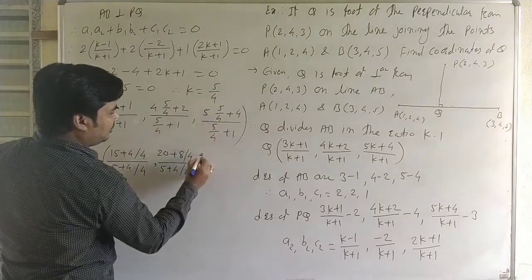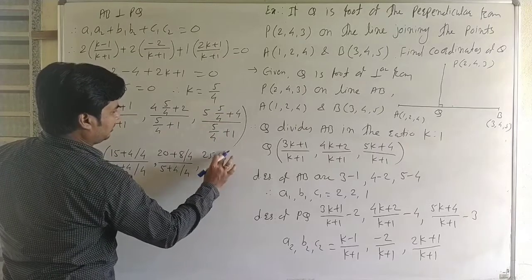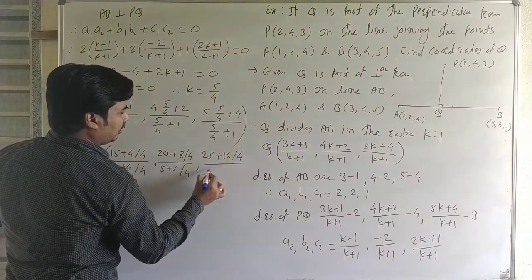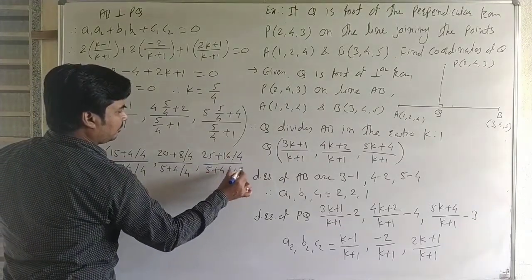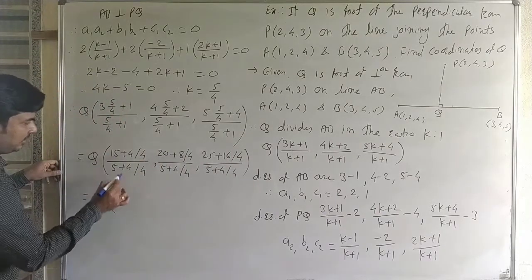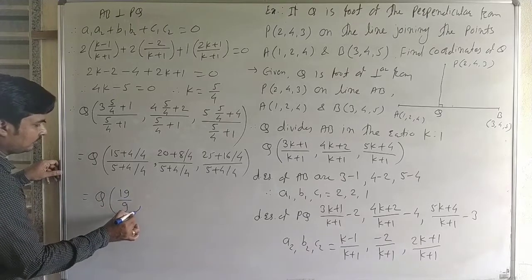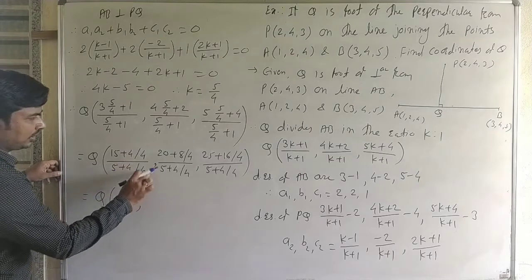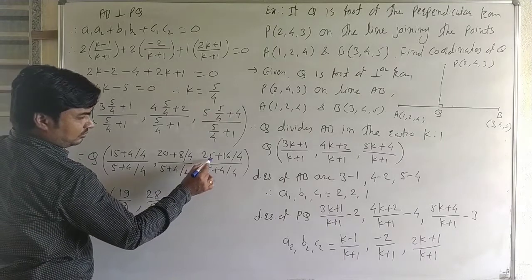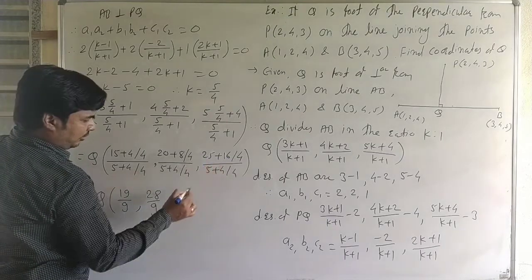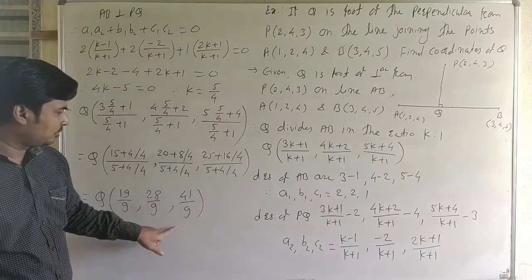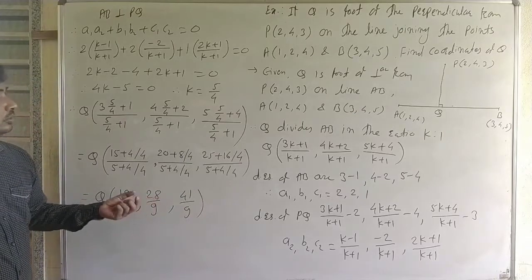Then 25 plus 16 upon 4, whole upon 5 plus 4 upon 4. The 4 gets cancelled. Then the coordinates of Q are 19 upon 9, 28 upon 9, and 16 plus 25, it is 41 upon 9. These are the coordinates of the point Q, and it is the foot of perpendicular.